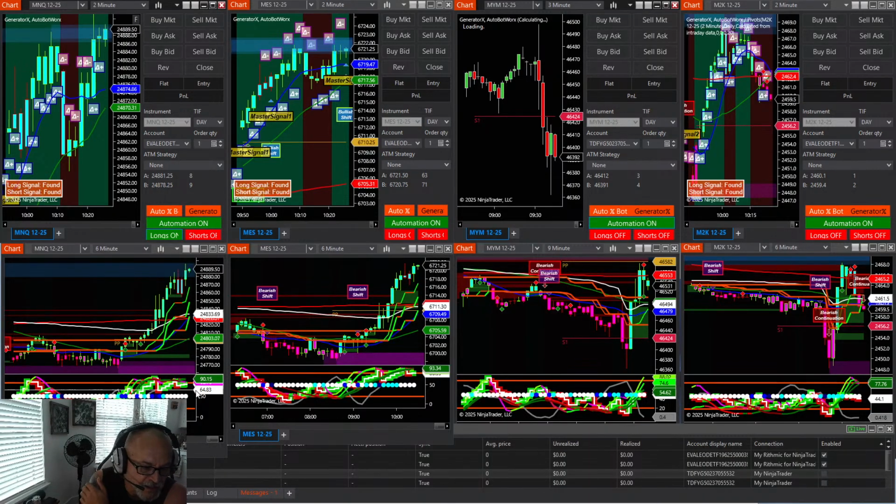But the 9 SMA on NQ is breaking above the 200. The 21 is going to take a while, but that's just the nature of a higher time frame. But the market is looking strong, so I want to see at least a good 2 to 3 pushes up on the 6 minute chart before we start to have any major pullbacks.